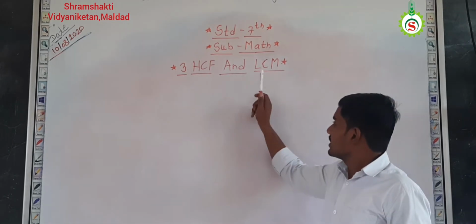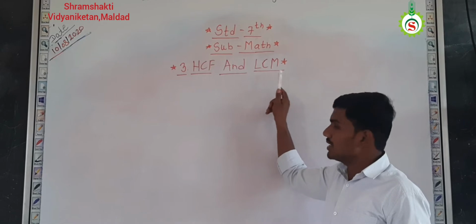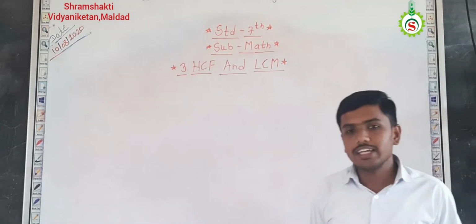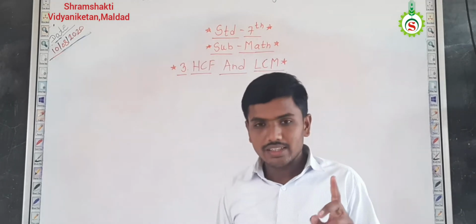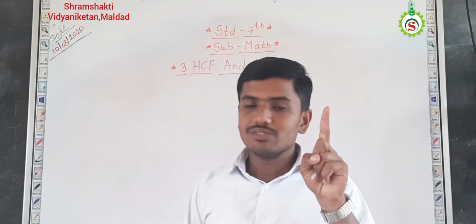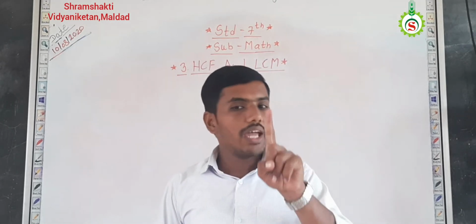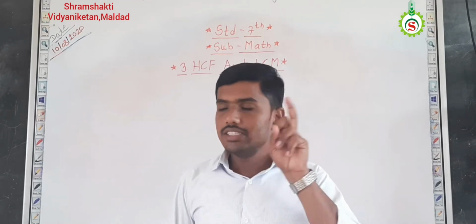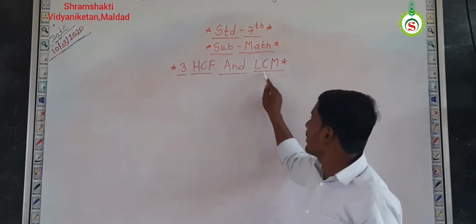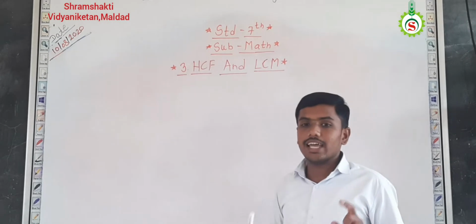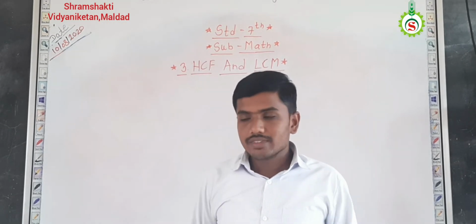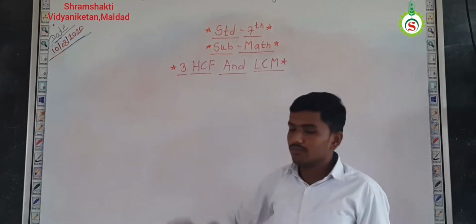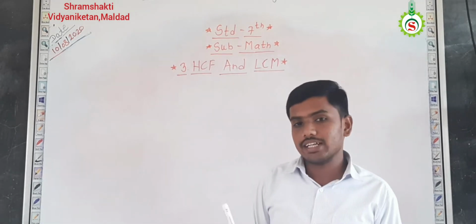Then next, LCM, lowest common multiple. For finding the LCM, unlike the HCF, there are not two methods. There is only one method, which is factorization. That means the division method is not useful for finding the LCM of the given 2 or 3 numbers. For LCM you can use only factorization.